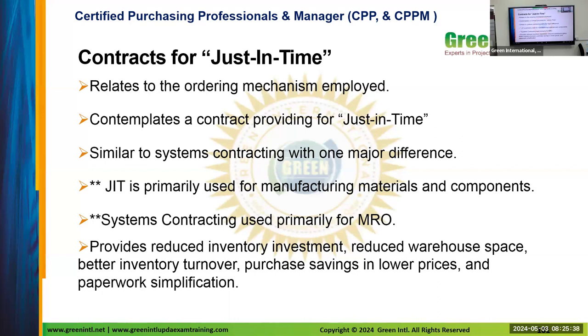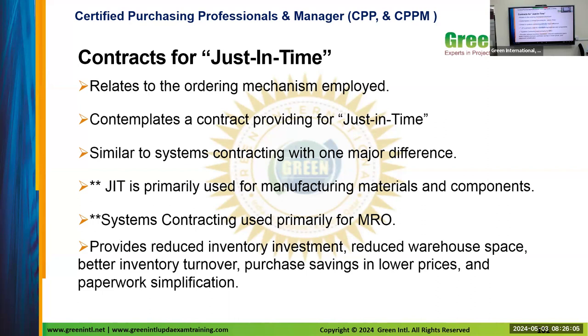So this way, a lot of time is wasted from the time the raw material is ordered to the time the final goods are dispatched to the customer. So the just-in-time concept was created to reduce or completely remove that kind of wastage which happens in a supply chain.